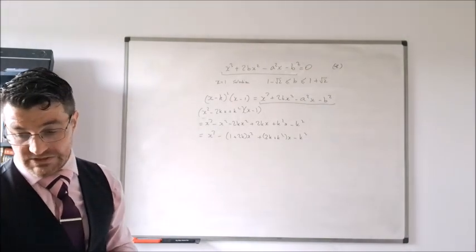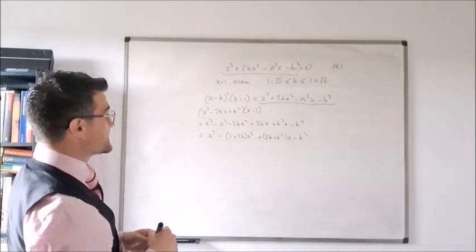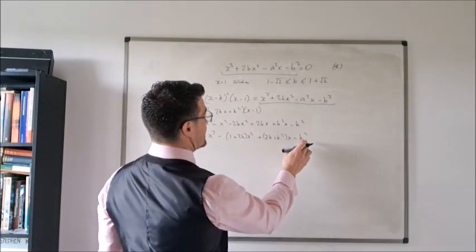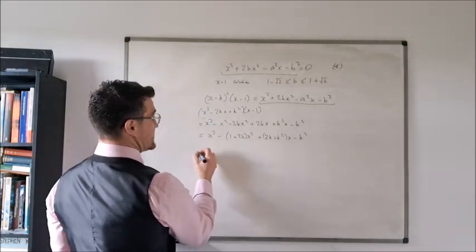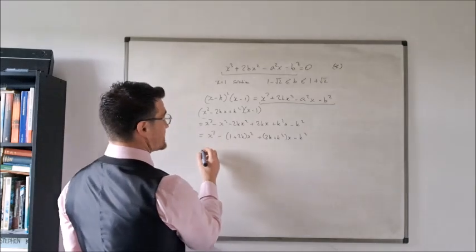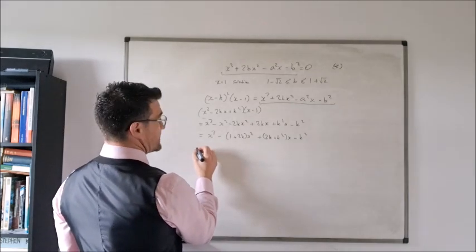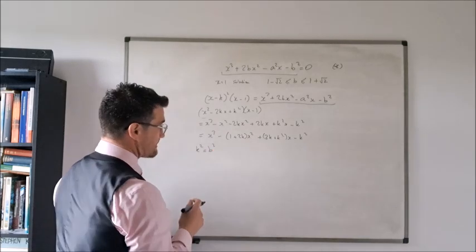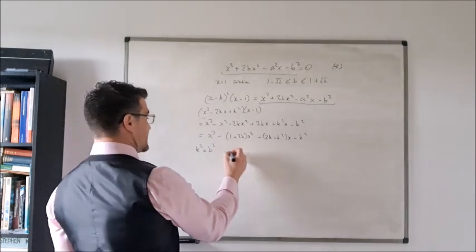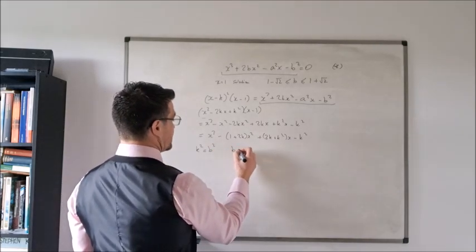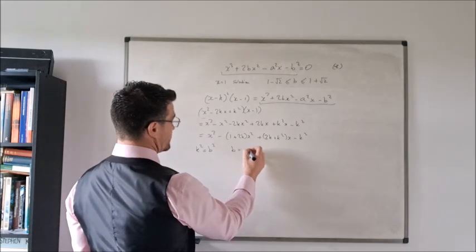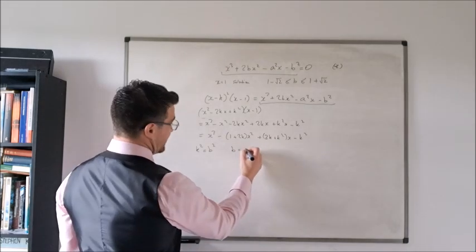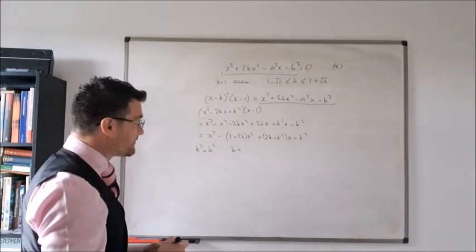Okay, so what did I do with that? Right, so we get some simultaneous equations. We get, for example, k squared equals b squared, which means that b could be equal to k.